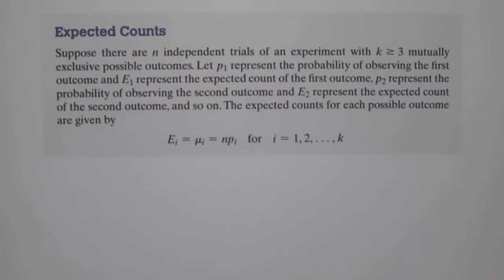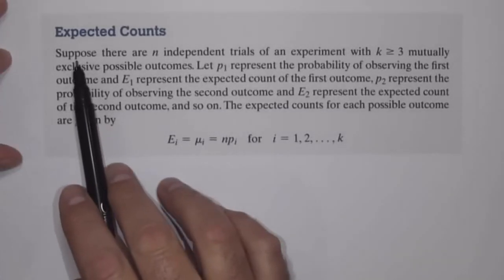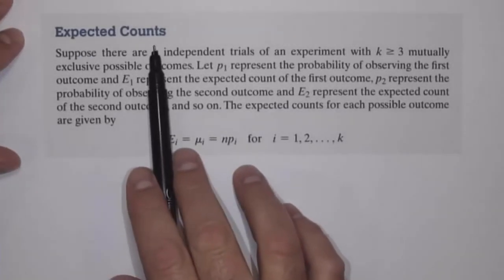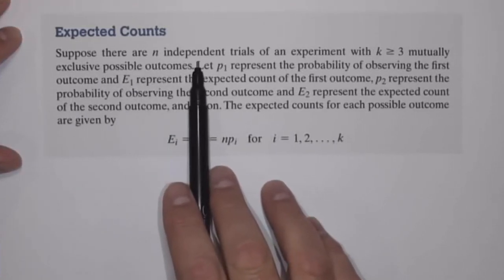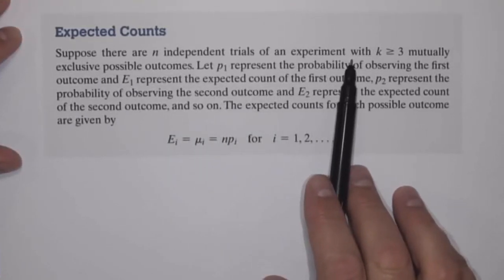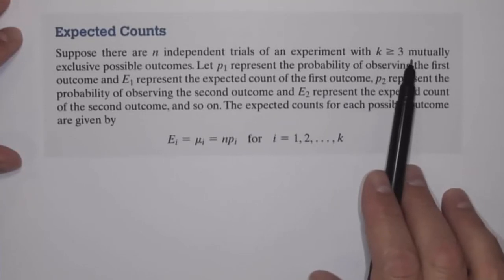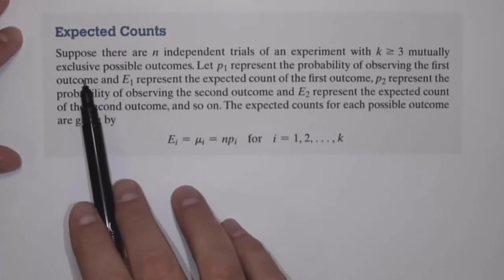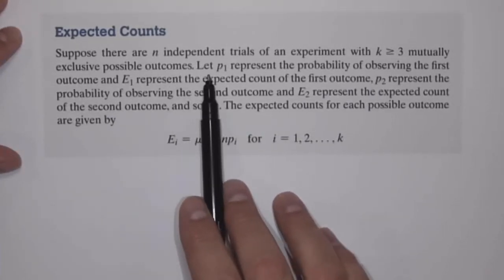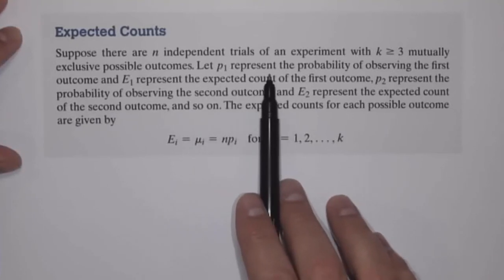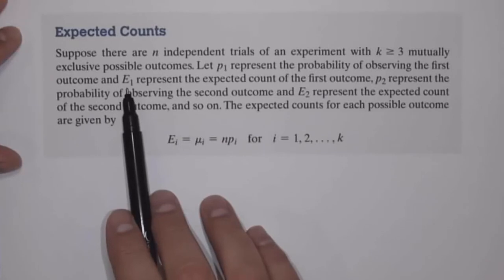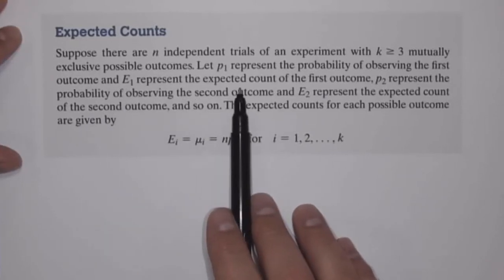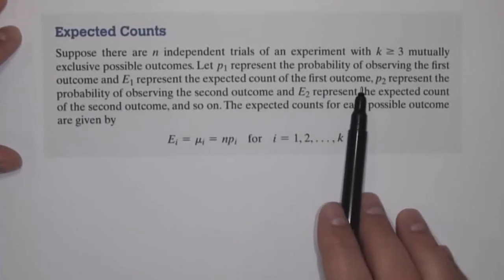Another concept that we need to discuss in order to be able to do a goodness of fit test is the concept of expected counts. So suppose there are n independent trials of an experiment with k greater than or equal to 3 mutually exclusive possible outcomes. Let P sub 1 represent the probability of observing the first outcome, and E sub 1 represent the expected count of the first outcome.